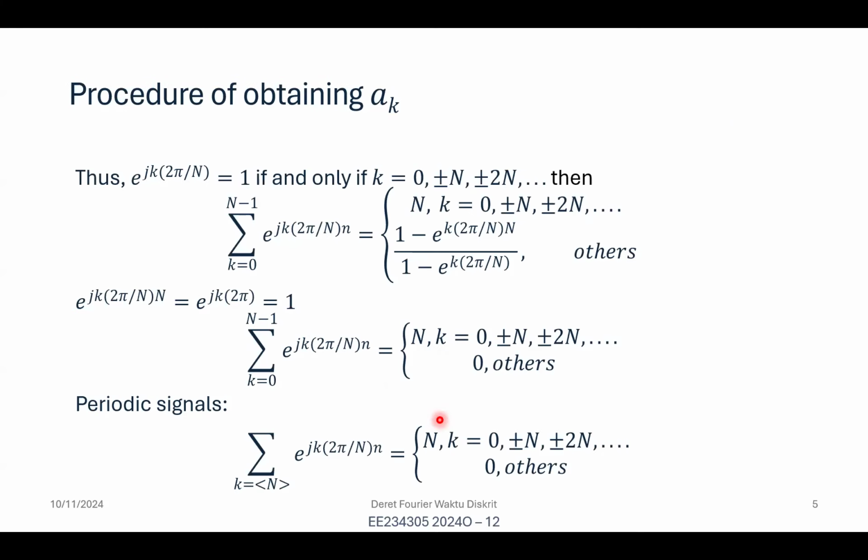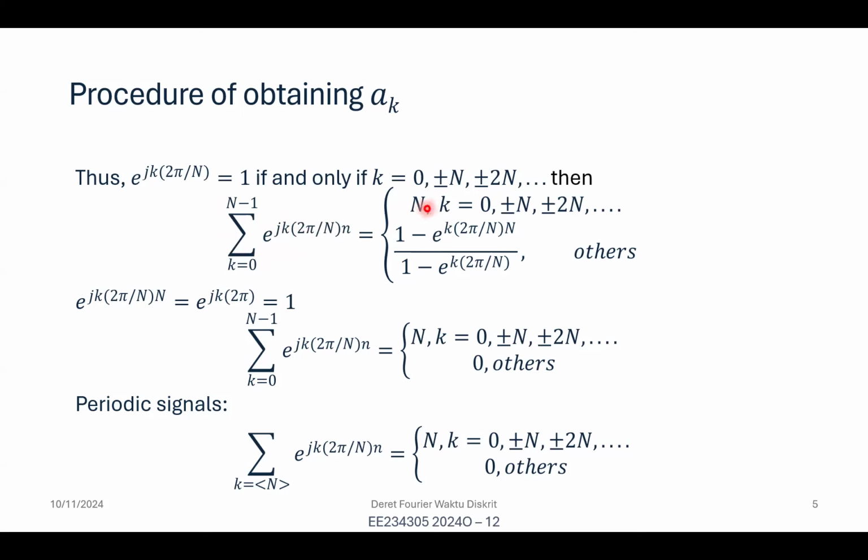Thus, this value e to the power of jk times 2 pi over N is 1 if and only if k equals 0, plus minus N, plus minus 2N, where we have e to the power of jk times 2 pi over N times n.